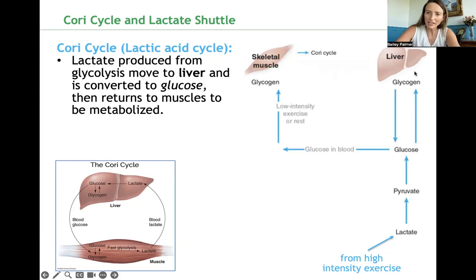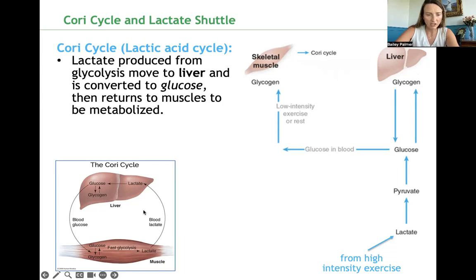It can be stored within the liver as glycogen, or once it's turned back into glucose within the liver, it's then transported as glucose in the blood, and it can go back to working muscle. There it can be stored as glycogen within the working muscle, or it can be used for glycolysis to make more ATP, which is just what we learned.